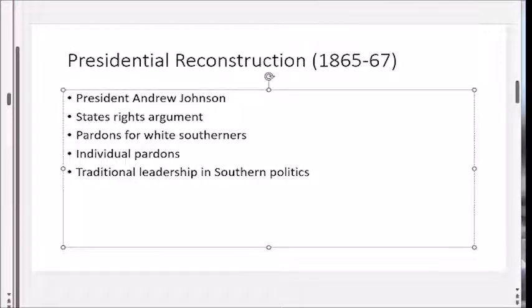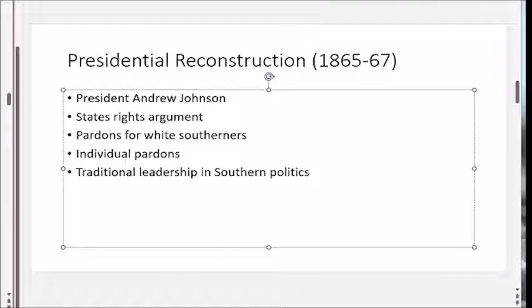Well, for one, this is huge, he gave pardons to all white Southerners in the South, right? Even though the South was in rebellion against the United States, he pardoned all white Southerners, except for leaders of the Confederacy, okay? But, eventually, those leaders would also get pardons as well.